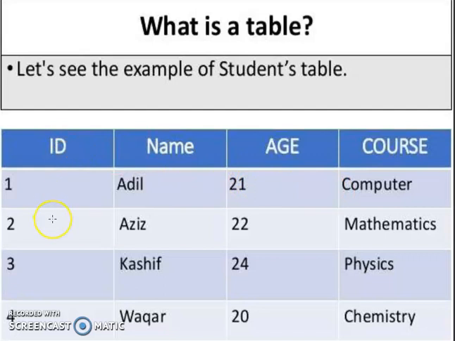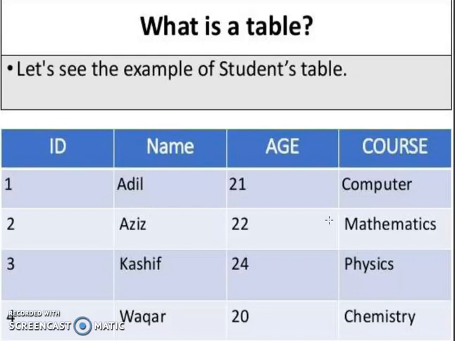In the column, each column contains the data related to a single attribute of the entity. Here that particular student ID, name of the students, age of the students. These are all various attributes of an entity. So this is about the student entity. So here one attribute is given in each column.